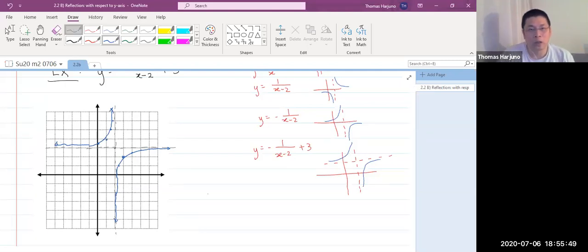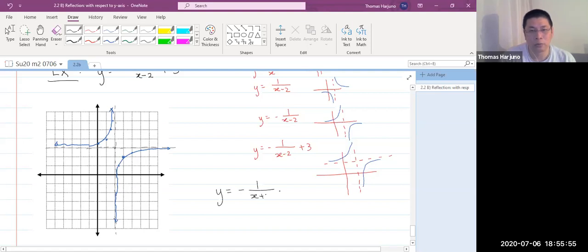Then, what is the domain? Let me rewrite the function: negative 1 over x minus 2, plus 3. The domain will be all real numbers except 2, right?